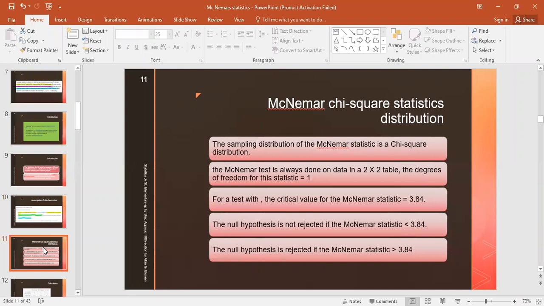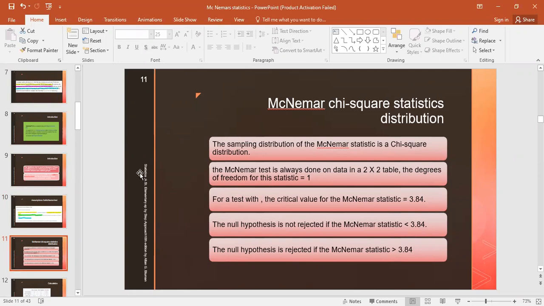The sampling distribution of the McNemar statistic is a chi-square distribution. The McNemar test is always done on data in a 2 by 2 table form. The degree of freedom for this test is 1.